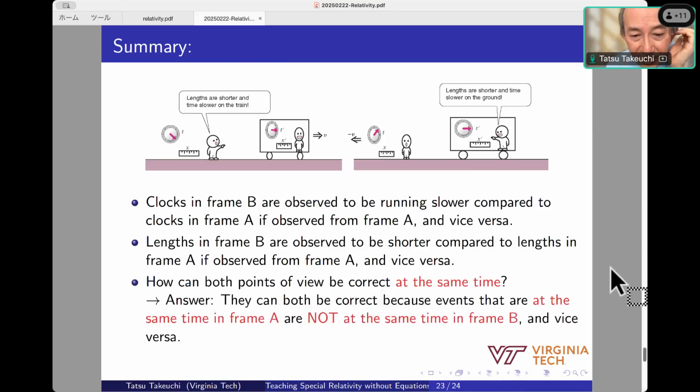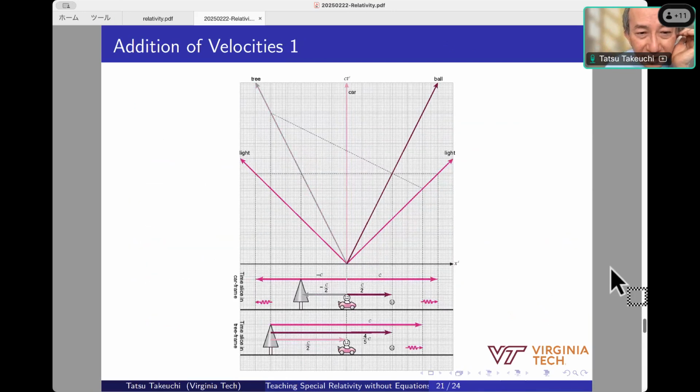For instance, I would have various points on the diagram labeled A, B, C, D, F, G, H, I, J, K, or whatever. And I would ask, if the tree is at this point, where is the car at the same time in the tree frame? The student can choose the space-time point that corresponds to the right answer. That way they don't have to have very good drawing skills. I find that many students like that approach, and I think it works.